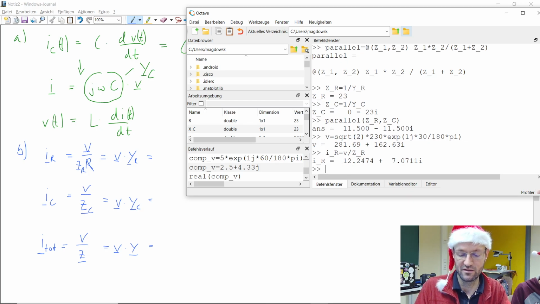I think I won't write it down now because it's just saved in MATLAB. It's probably also easier to do it in this exponential form.